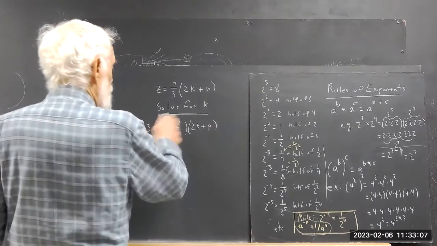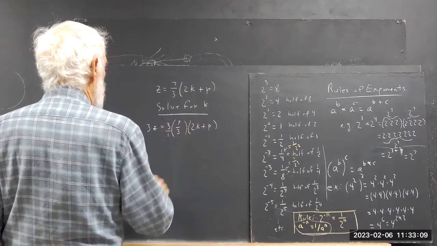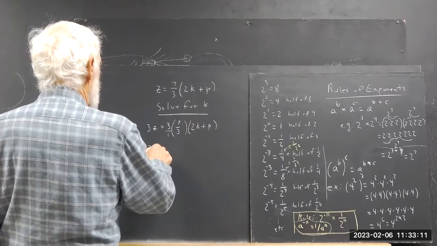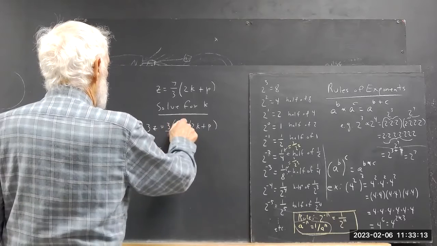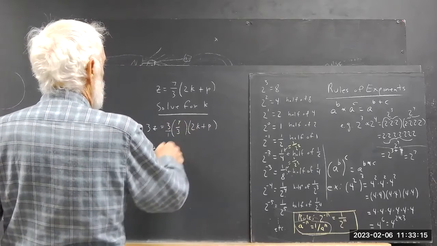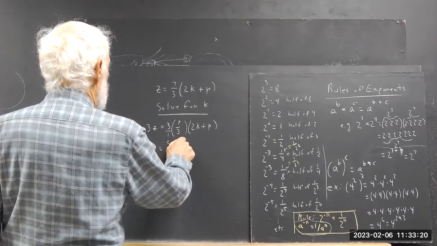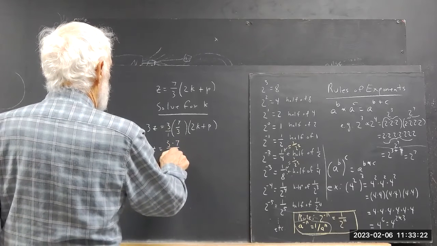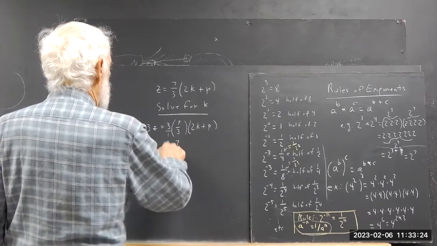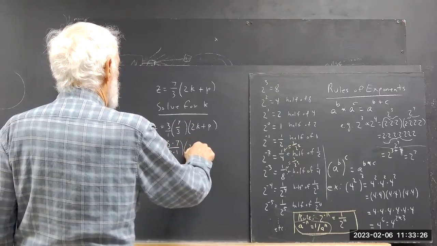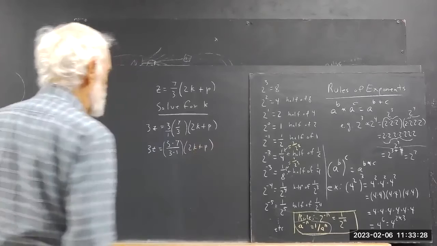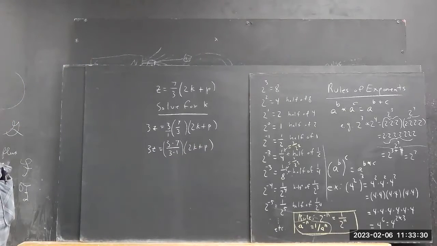I've got a fraction here, so I'm going to write that as 3/1. I can rewrite this as 3 times 7 over 3 times 1, times 2k plus p.